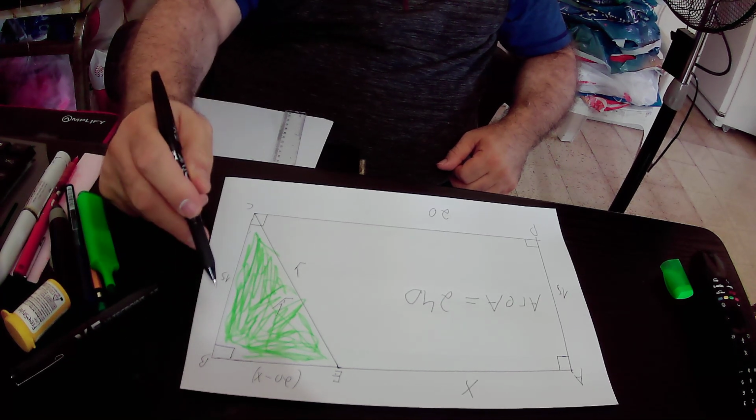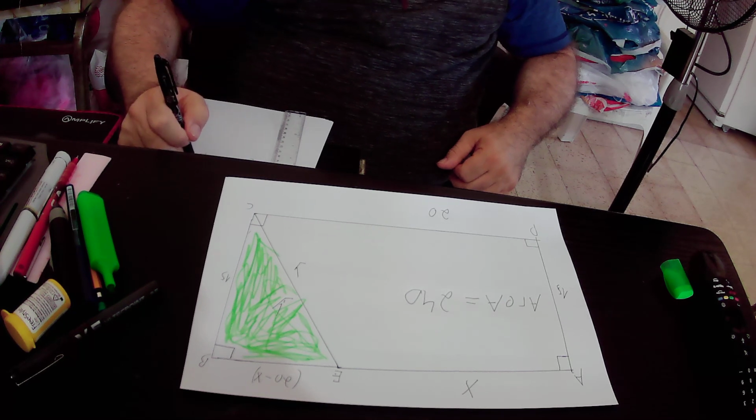Actually, side BC of the right green triangle equals 15 units.